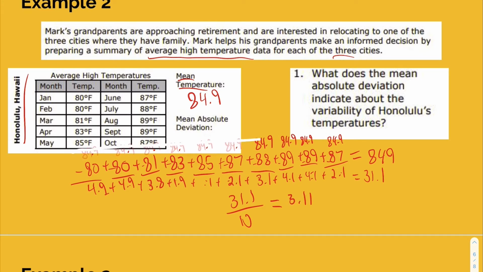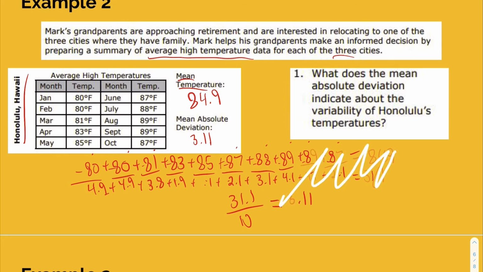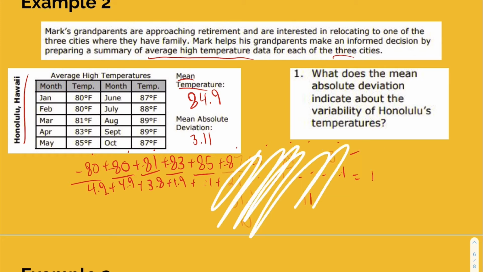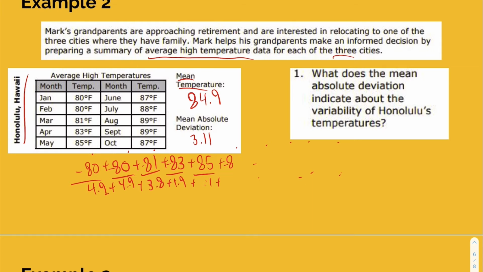The mean absolute deviation is 3.11. And since all of these things are temperatures, that will be 3.11 degrees. On yours, there will be a text box here, and you will answer question number 1 in that text box.